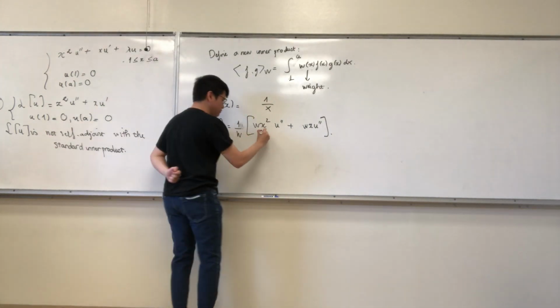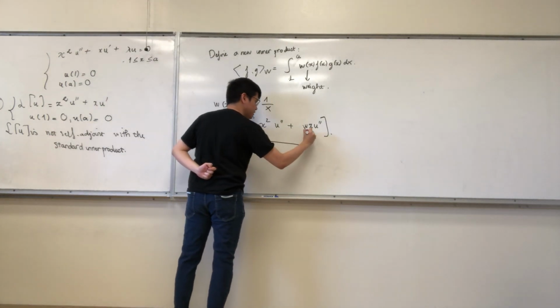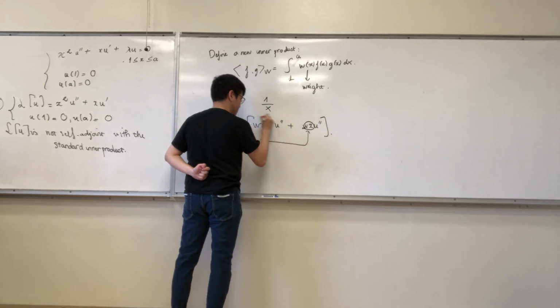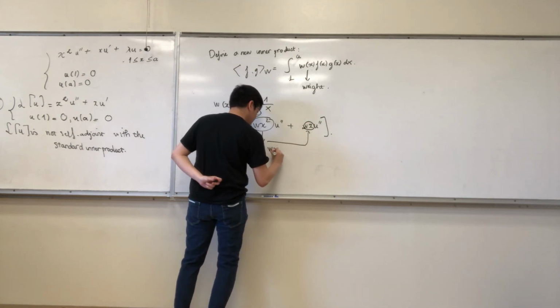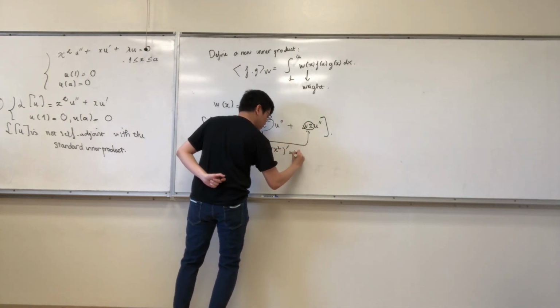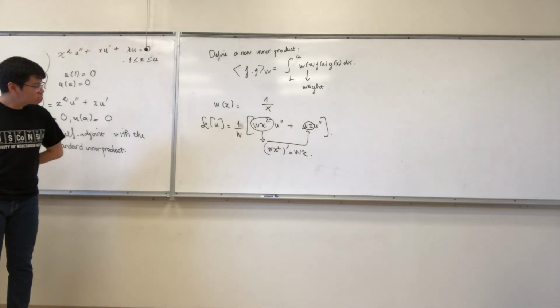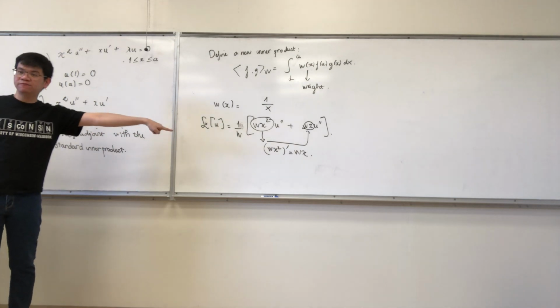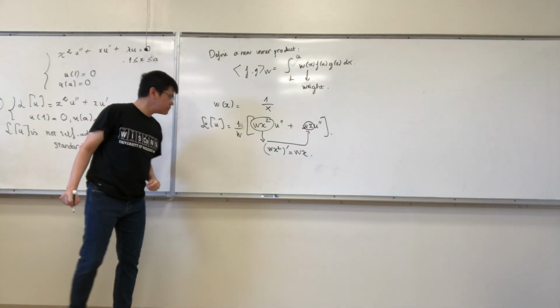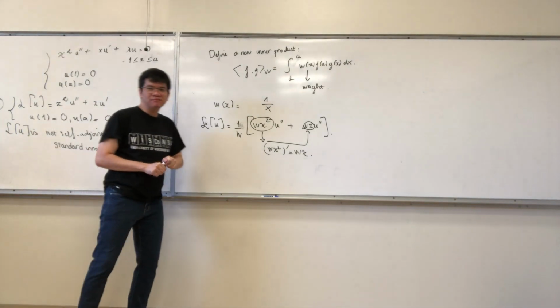And you make this derivative to be this guy. So you have (w x squared) prime to be w x. Right? So this is what we have.